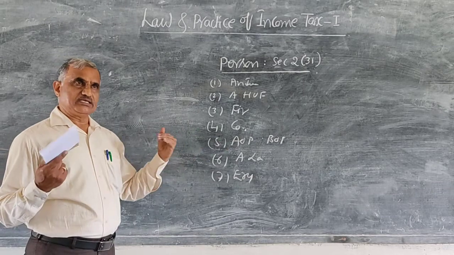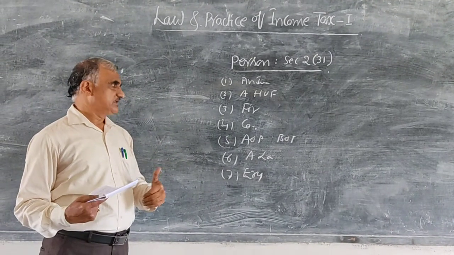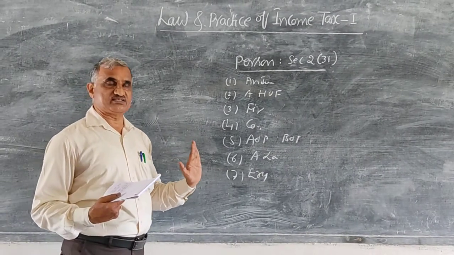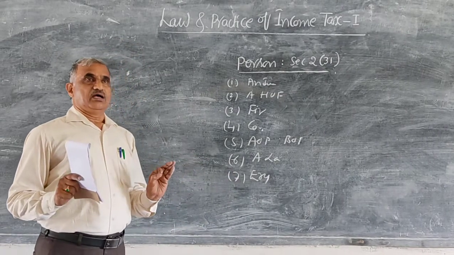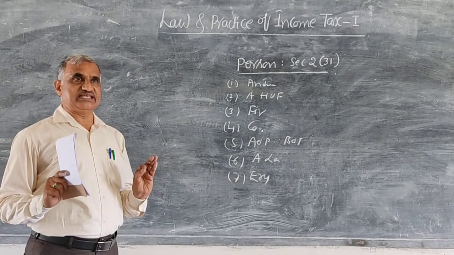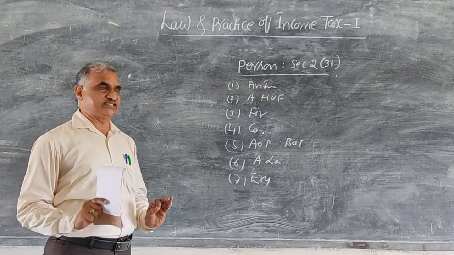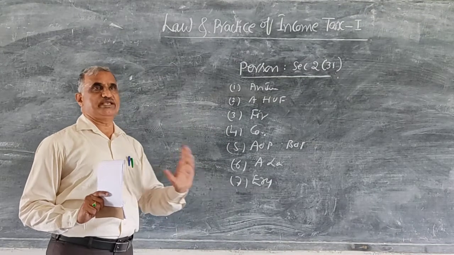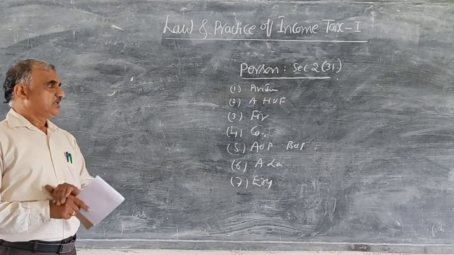So any artificial person created under these laws can be called company, and company will be having perpetual succession and a common seal. So simply an artificial person created under law with perpetual succession and common seal can be called company, and every company is also a person and company should also pay income tax.